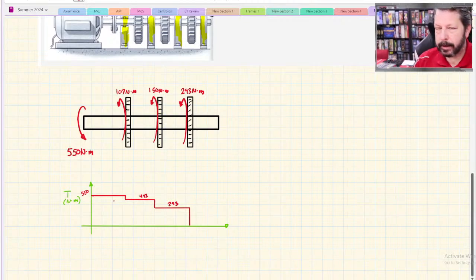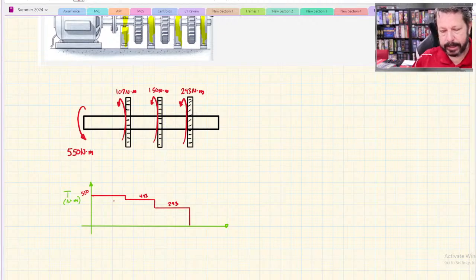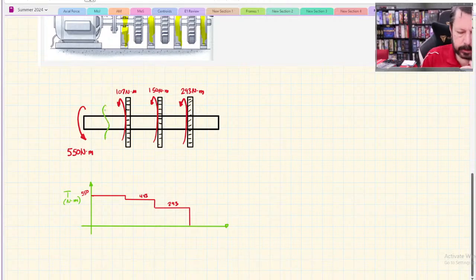So it's sort of like a shear diagram. So if I wanted to know the torque in any one of these sections, then I could just look at a torque diagram like this, or if I wasn't sure, I could cut the shaft open.